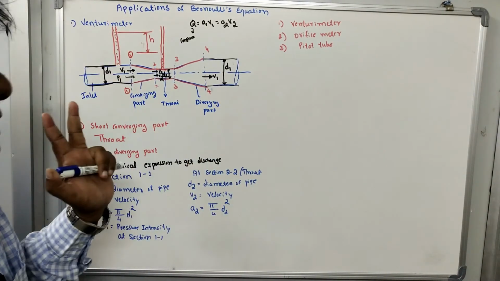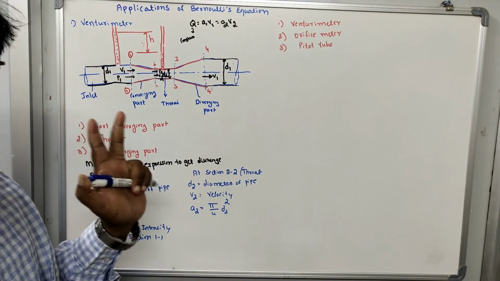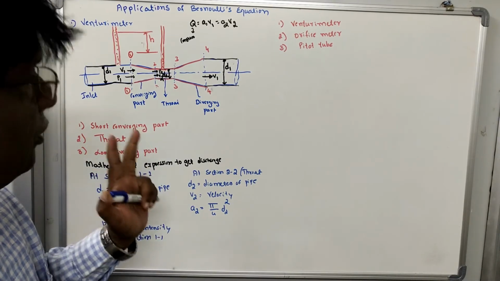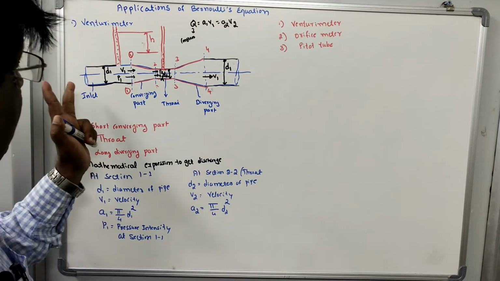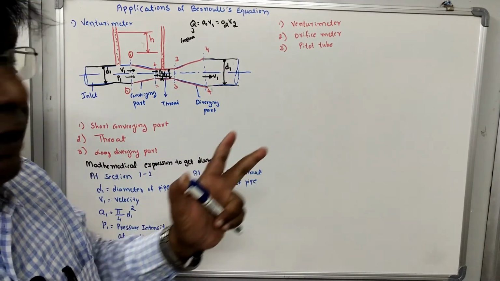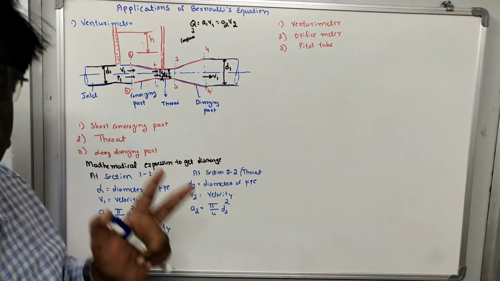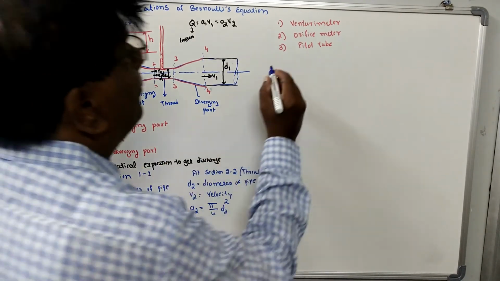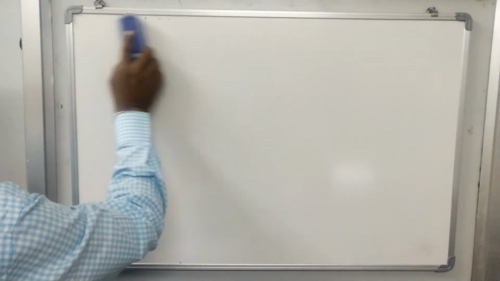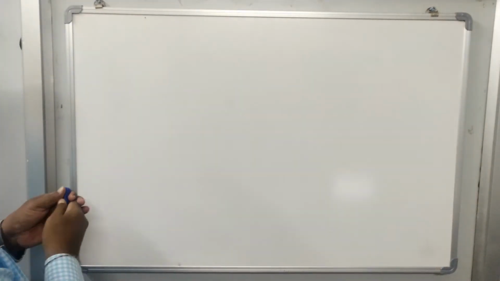So that is for ideal fluid. So now let us take the fluid inside the pipe as an ideal fluid and apply the Bernoulli's energy equation between section 1-1 and 2-2.